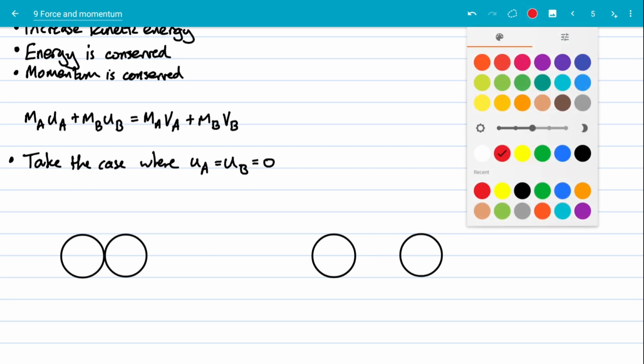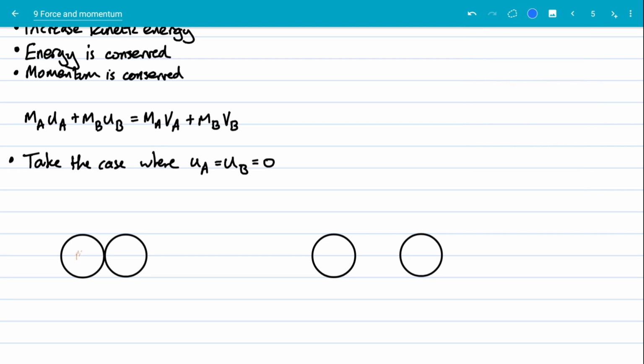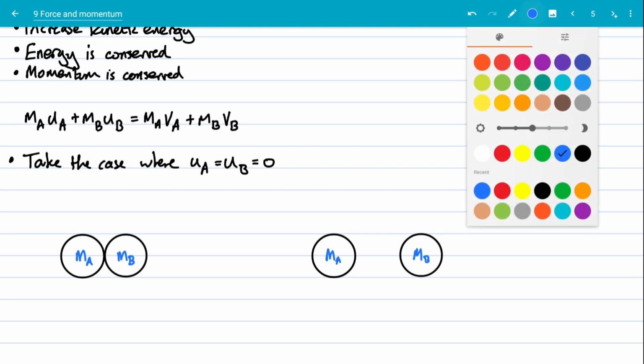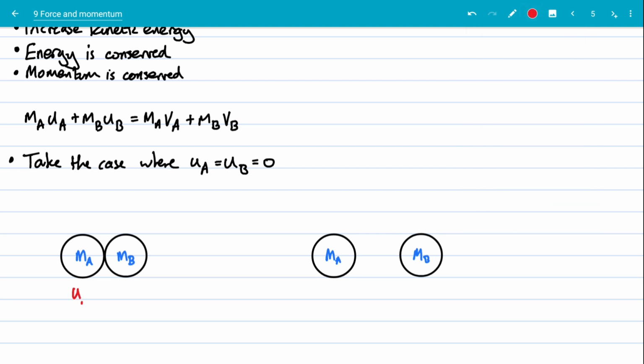Okay, initial velocity is 0 for this. So let's put down here ma and mb, the masses of these bodies, and let's have it so that ua is equal to 0 and ub is equal to 0. In that case, we're going to get our velocities like this.